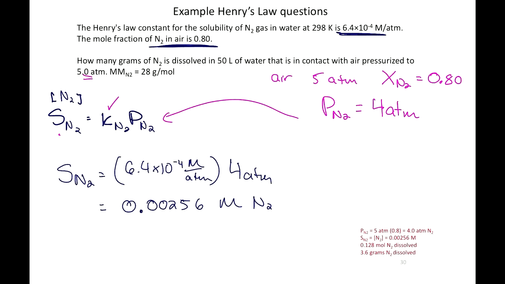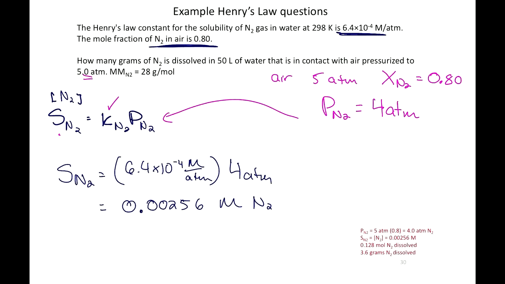When air is 80% nitrogen, I give you Henry's Law constant, and we pressurize the system to 5 atmospheres, is that my answer? Nope. This question asks for what? Not molarity of this sample, but grams. So what we just did was new stuff, Henry's Law. Now, what we have to do to convert our answer to the right answer, this is all review.